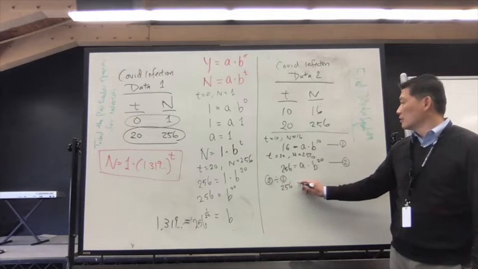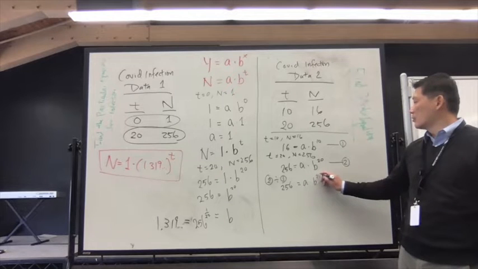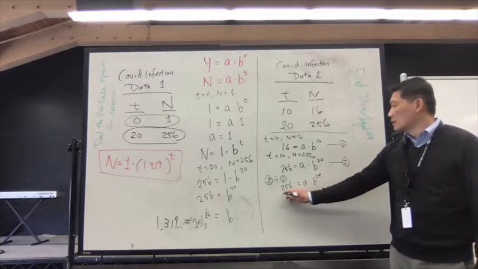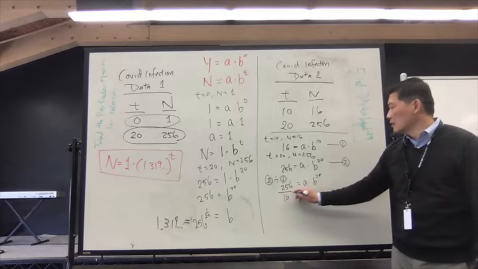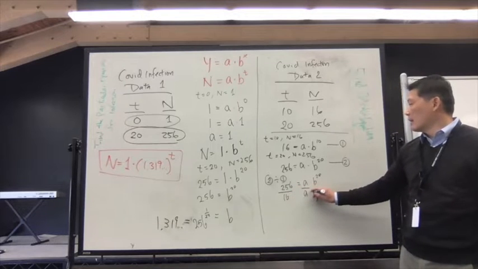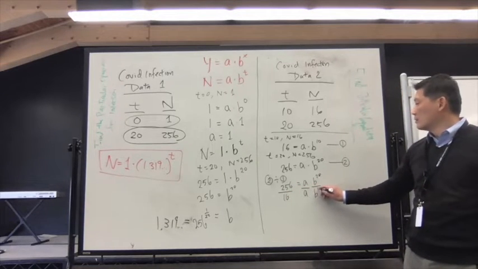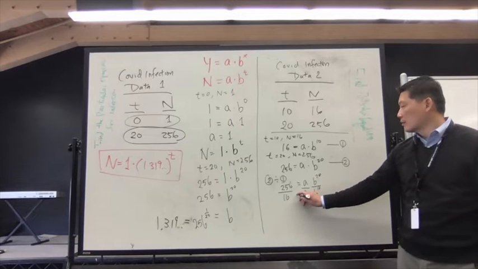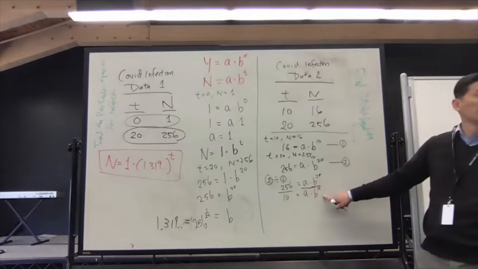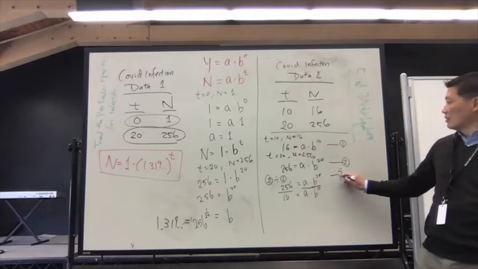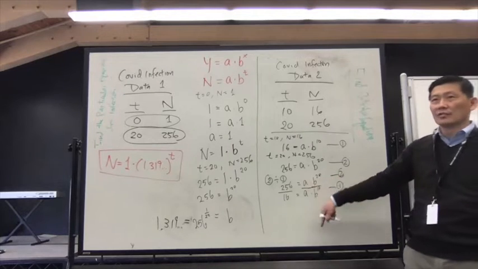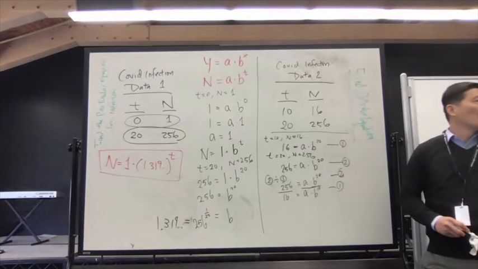256 equal to a times b to the 20th power, divided by 16 equal to a times b to the 10th power. Right? Because isn't that the same thing? This is the second equation, this is the first equation, I just divide up and down.